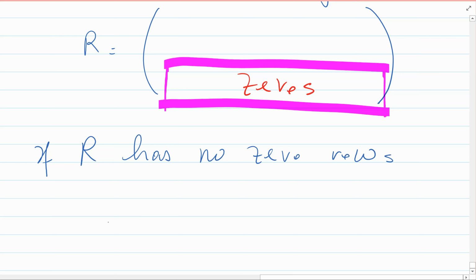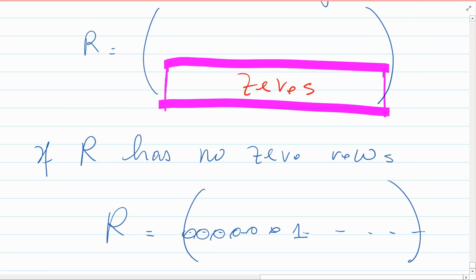As we said, here is your R, and if you take any row, the first non-zero entry will be 1, with zeros above it and below it. So as long as you don't have a row of zeros, that's the shape.